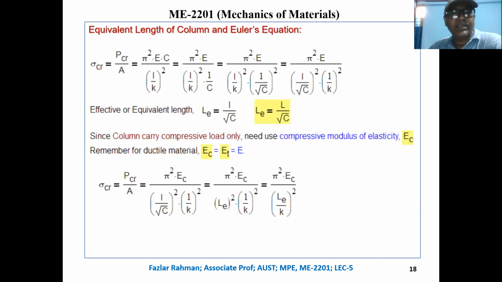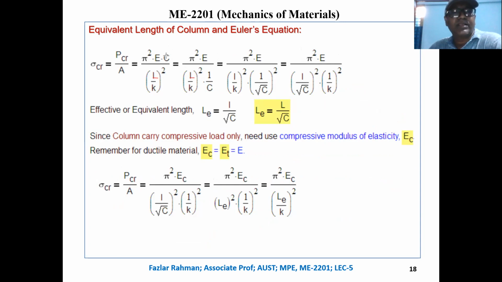So let's see. Right over here, we just simplify or rearrange the column equation. Euler equation. We know we have this equation. Right over here, this is my mistake. This will be L. So L by pi square is C L by K square.